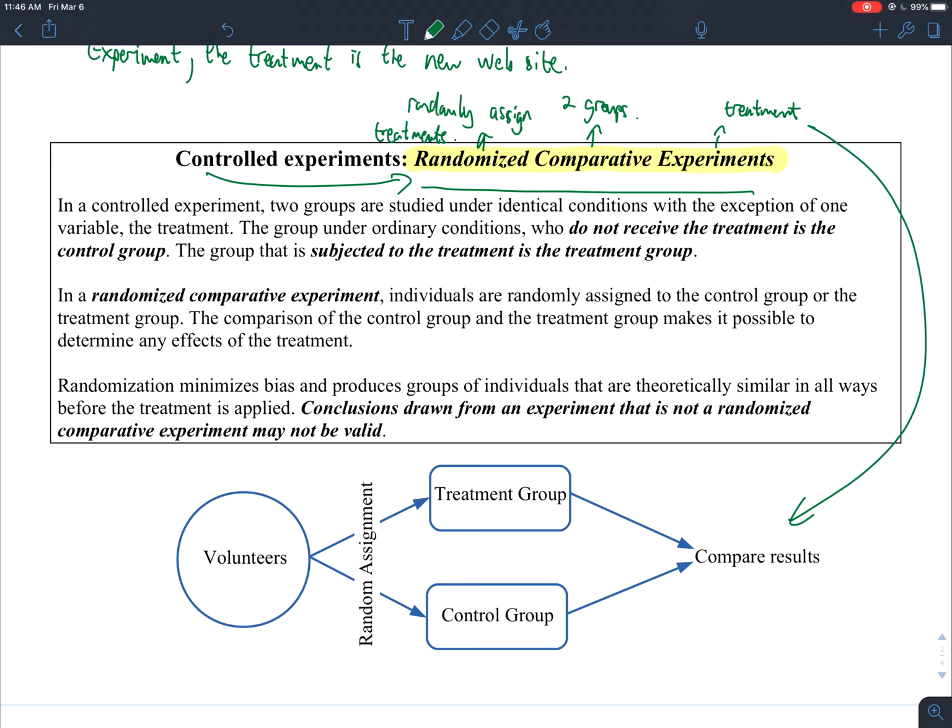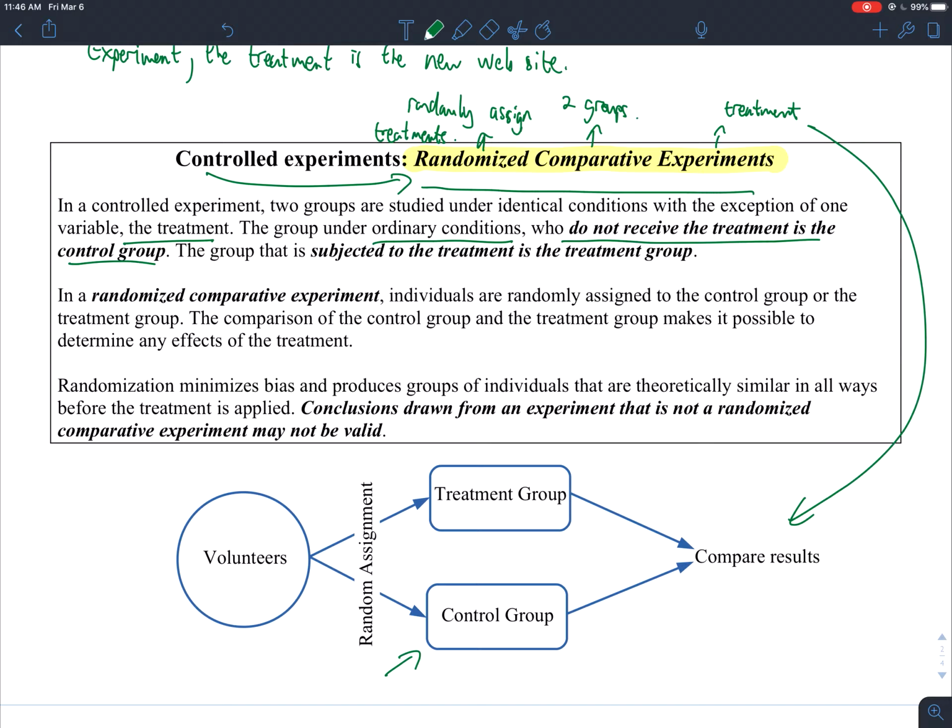In a controlled experiment, at least two groups, and it can be more, are studied under identical conditions with the exception of one thing being different, the treatment. So everything for the groups is the same except the treatment. The group under ordinary conditions who do not receive the treatment is called the control.